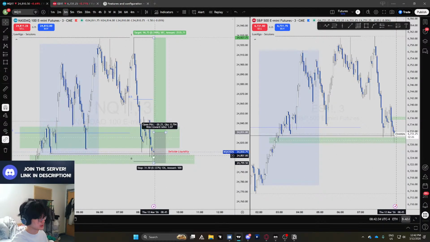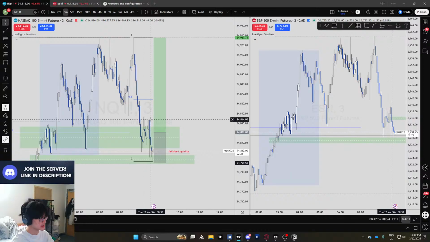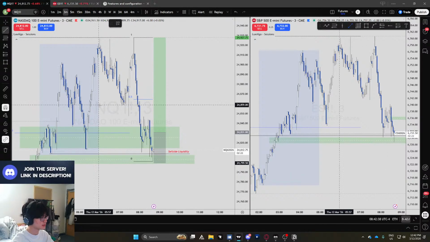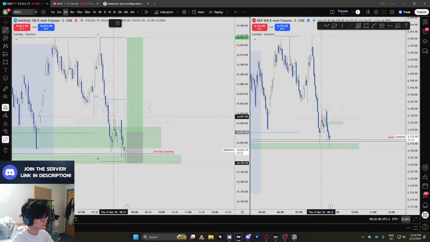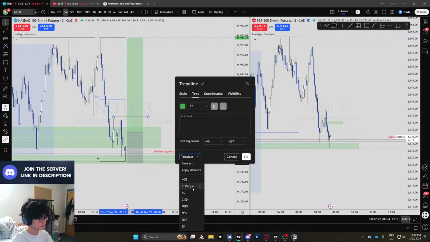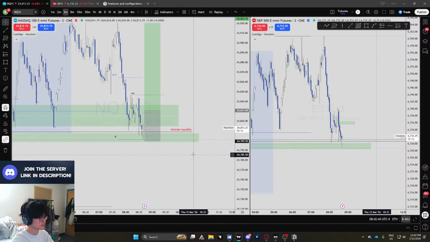Relatively close, sweep that, and then I want to see shift above this high. Use this high just for good measure.